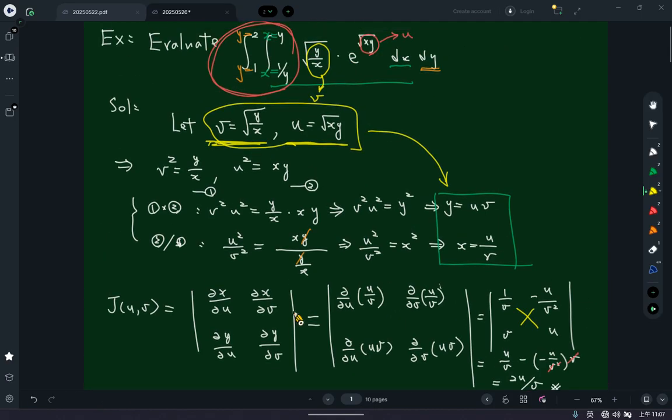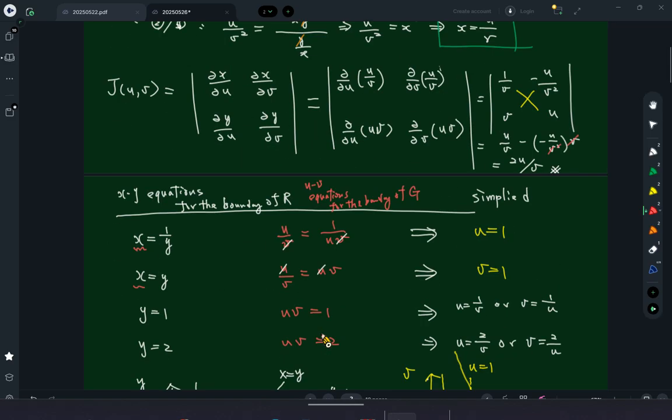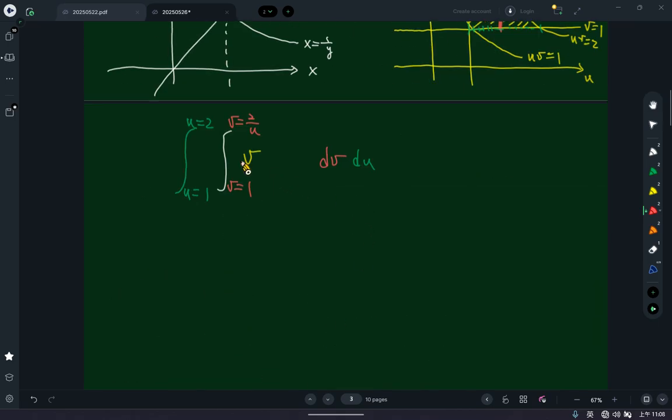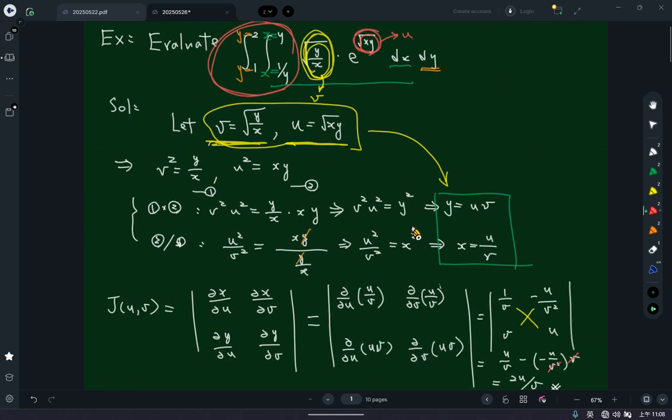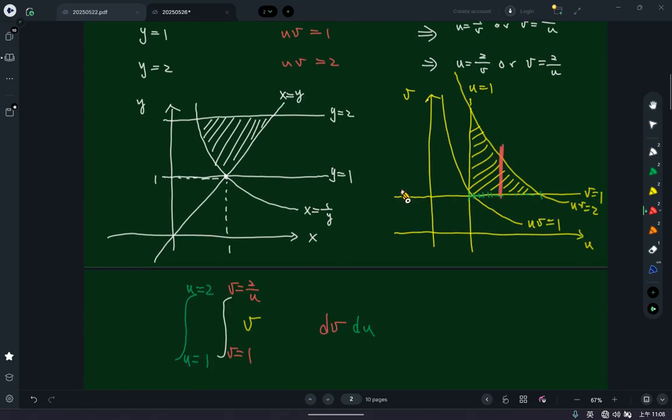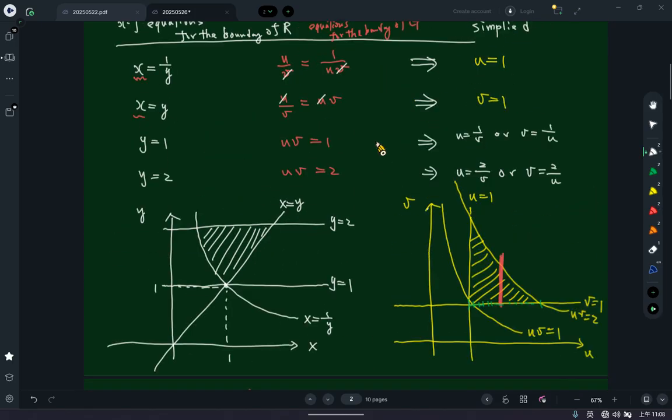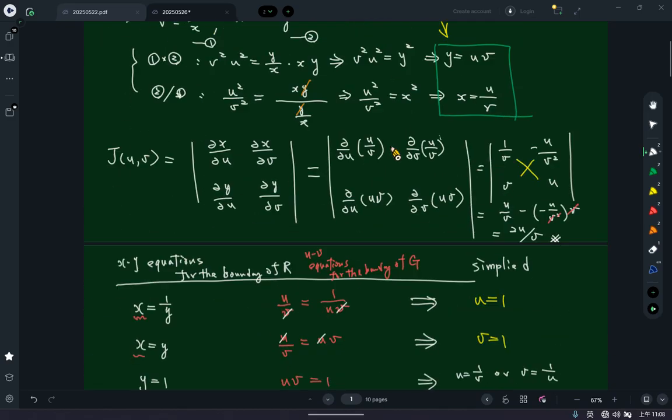Because we just assign the whole item as v, and we assign the whole item as u. So then we have v times e to the power of u.